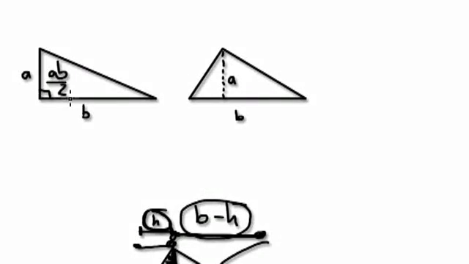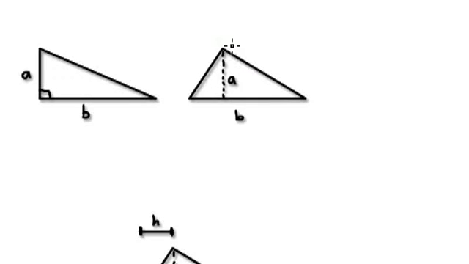This is AB over 2 as well. So this triangle here is the same as this. The trick to seeing that is to introduce a new variable called h, and then the h will cancel each other out. So this distance here will be b minus h.